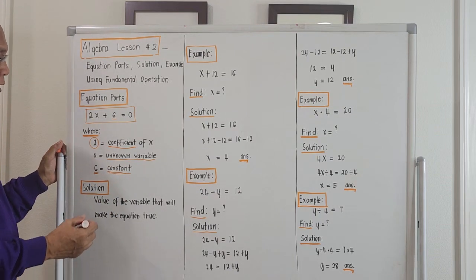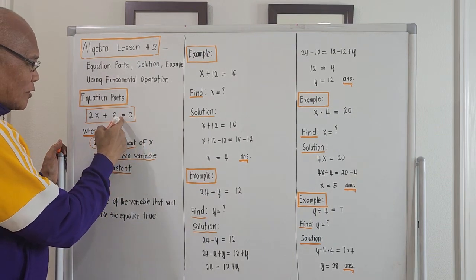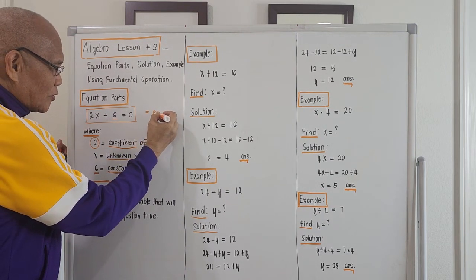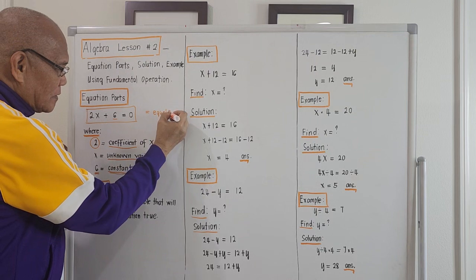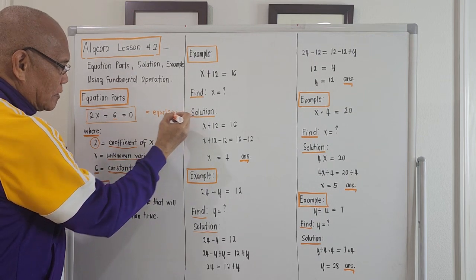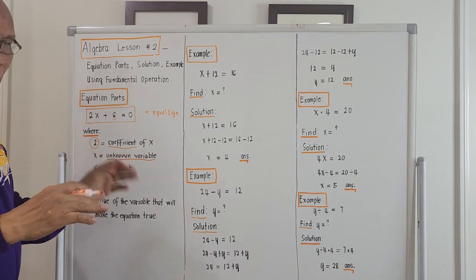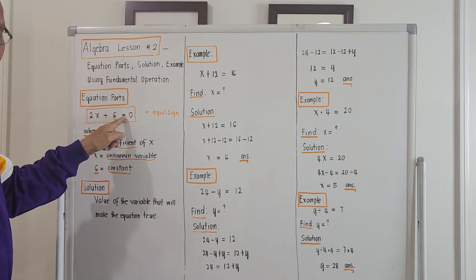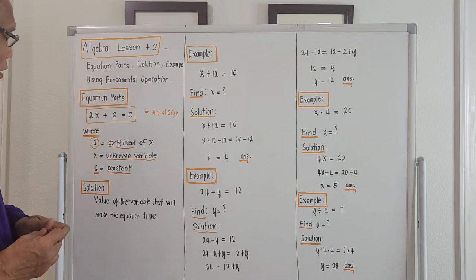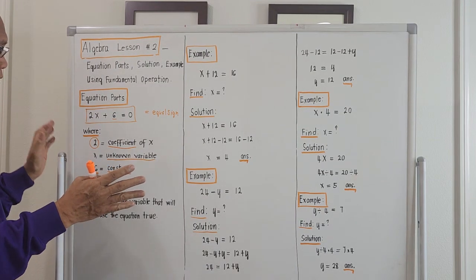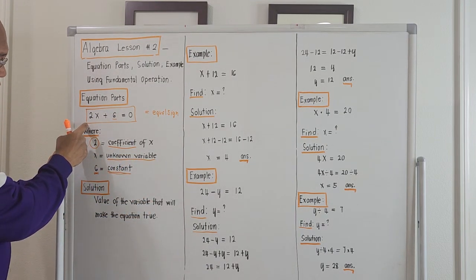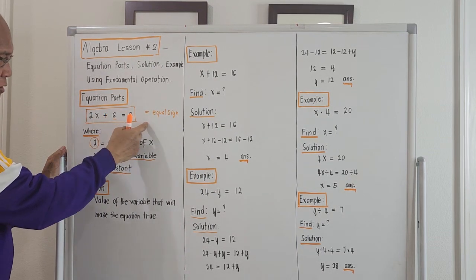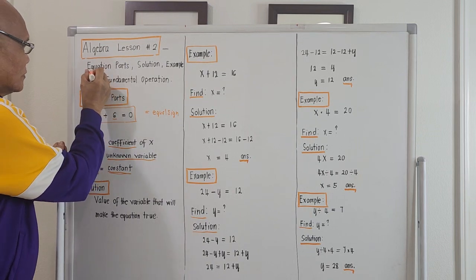The fourth one is this equal sign. For it to be an equation, there should be an equal sign, equality. So if you are given 2x plus 6 equal to 0, we call this an equation.